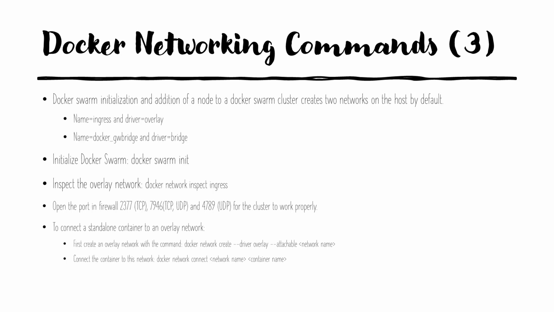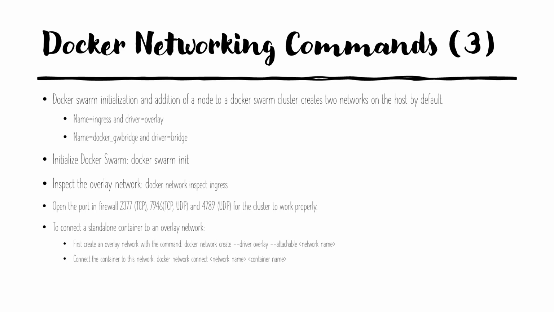When we initialize a Docker swarm cluster or add any node to the cluster, two networks are created on each host by default. The first one is the ingress and the driver is overlay, and the second is docker_gwbridge and the driver is bridge. So to initialize a swarm cluster, we use docker swarm init.